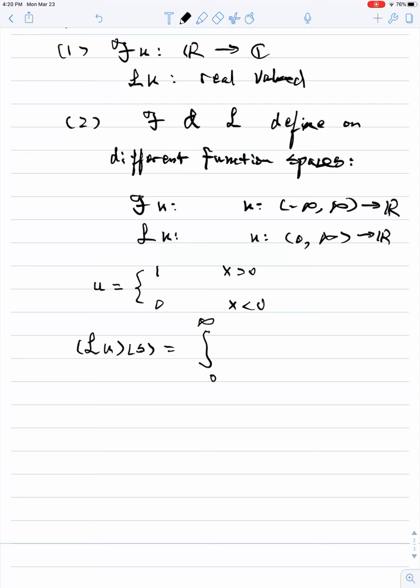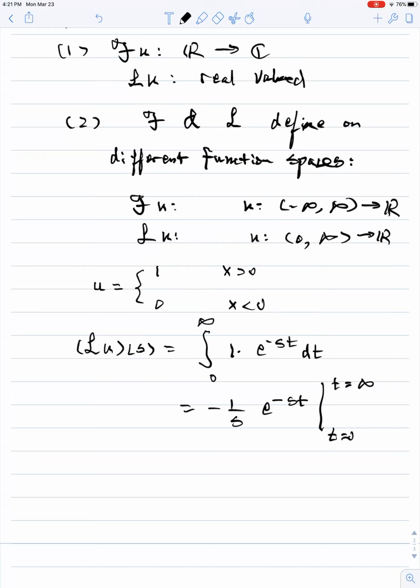So the integral would be from 0 to infinity, because the function u is 1 when t is greater than 0. So what you have here is 1 times e^{-st} dt. The antiderivative of this is negative 1 over s times e^{-st}, where t runs from 0 to infinity.